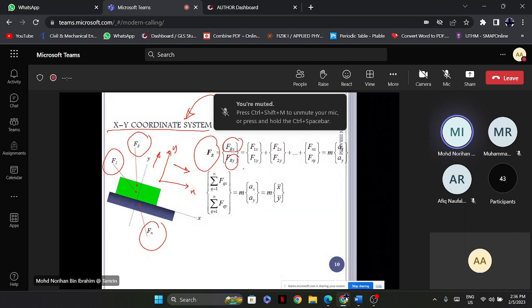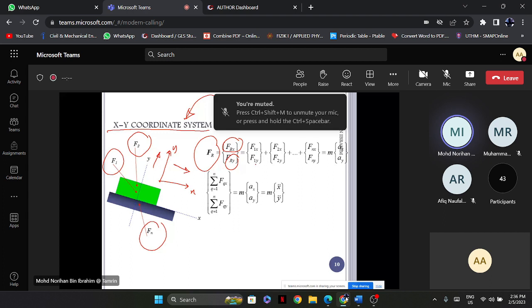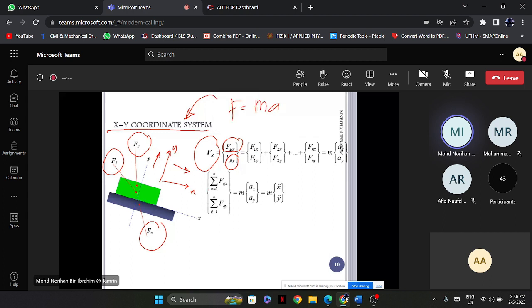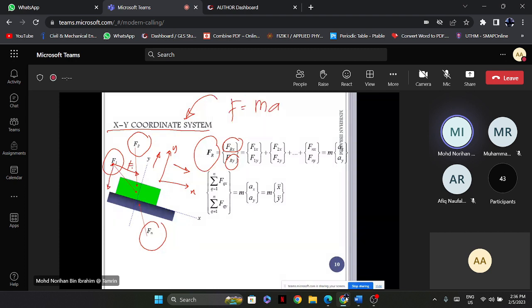Okay. So we're going to have the components F1X, F1Y. Each of these, we need to break down into the components of X and also Y. So F1X, F1Y.